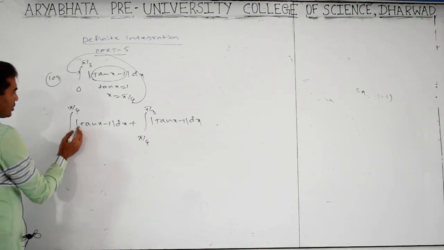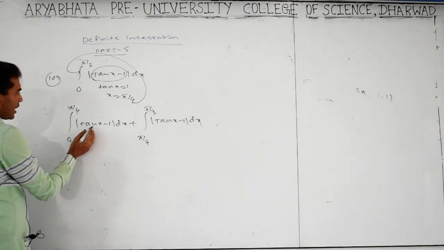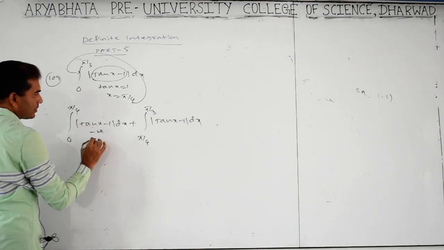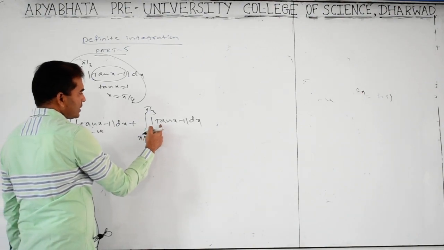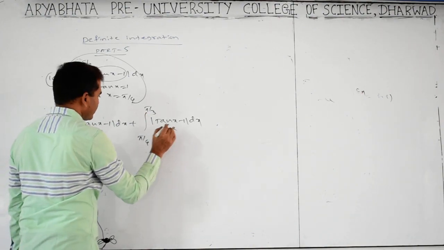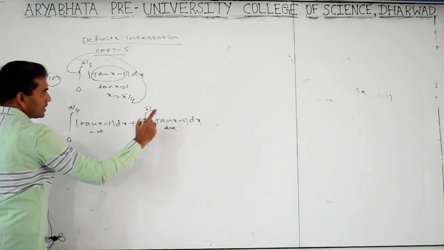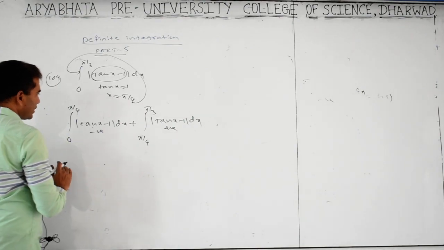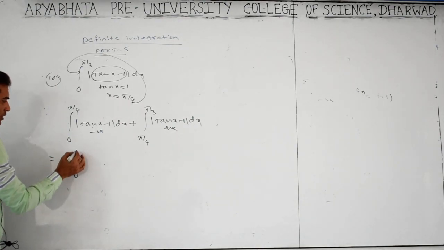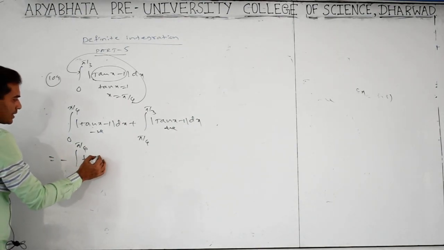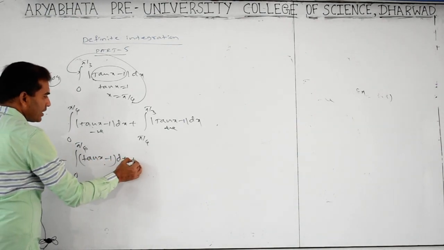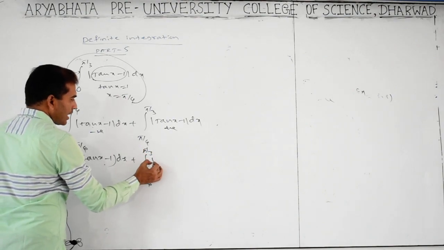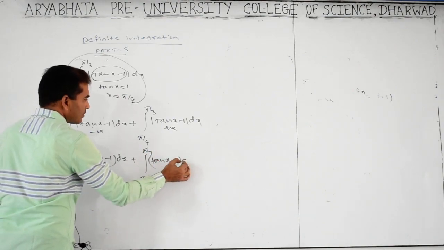In the interval 0 to pi by 4, if you take 30 degrees, tan 30 is 1 by root 3, which is less than 1, so it is negative. In pi by 4 to pi by 3 it is positive: 45 is 1, 60 is above 1. So since it is negative, it is minus of 0 to pi by 4 tan x minus 1 dx, and if it is positive, pi by 4 to pi by 3 tan x minus 1 dx.